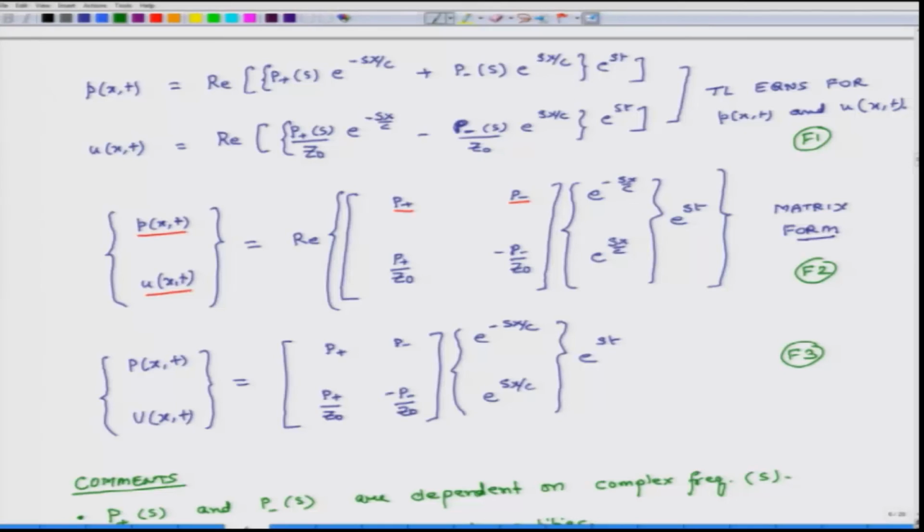And then what we also see is that the transmission line equations by themselves will not be able to help you solve for the actual value of pressure and velocity at all the points in a one dimensional space. For that we need to know 2 extra conditions, and those 2 extra conditions typically come from the boundary conditions as applicable on a case to case basis.